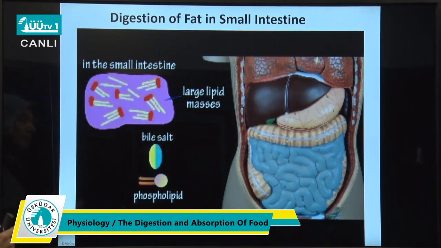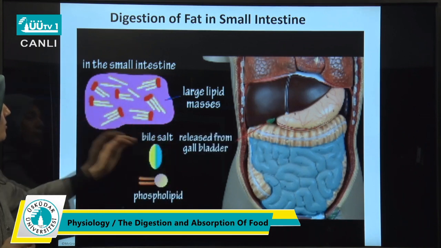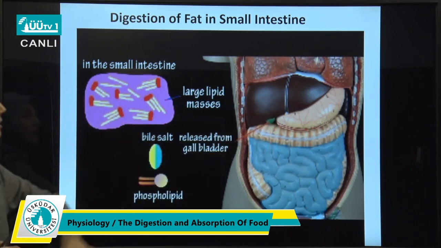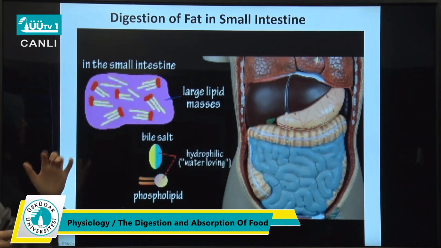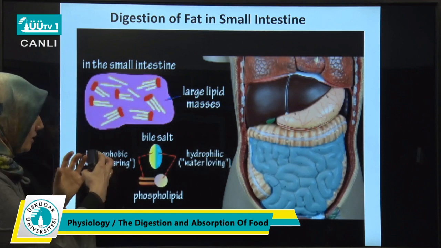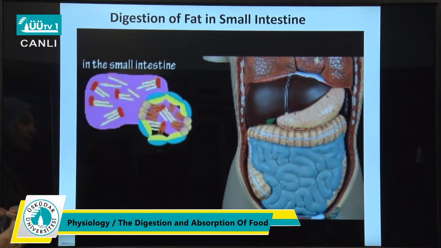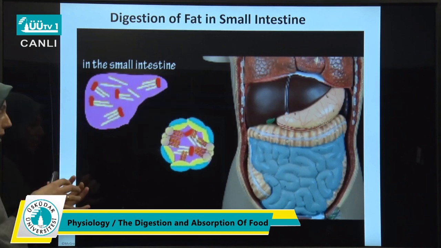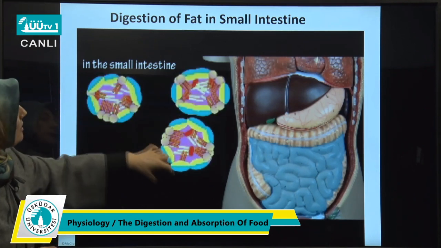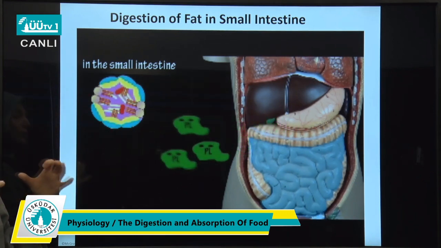So this should be solubilized into small particles. The bile salt, which is released by the gallbladder, has a hydrophilic and also a hydrophobic property. This hydrophilic property attracts the fat molecules into the water, and the hydrophobic parts enter into the mass of the fat, separating it into small droplets.